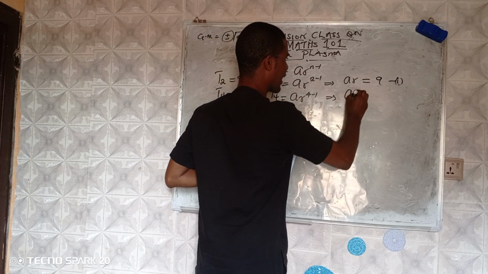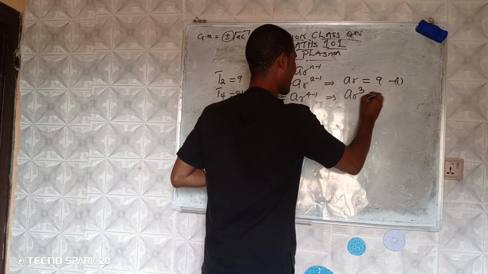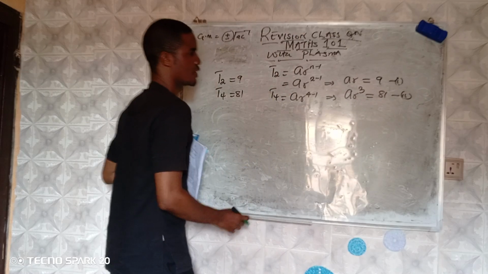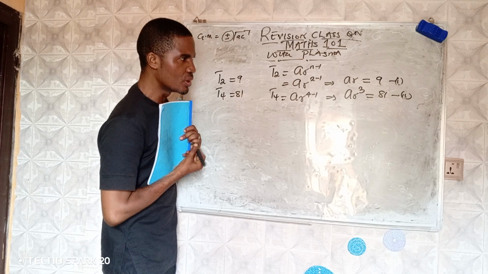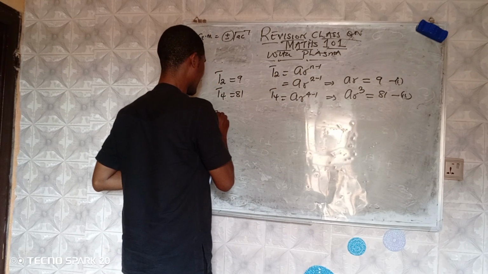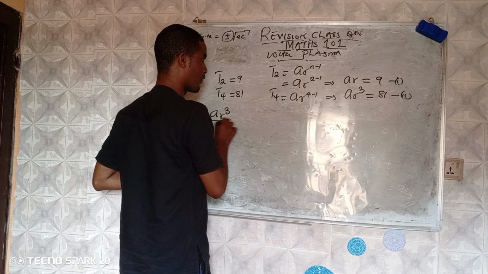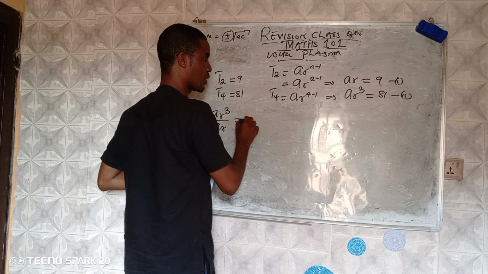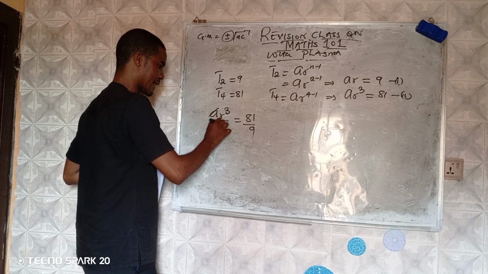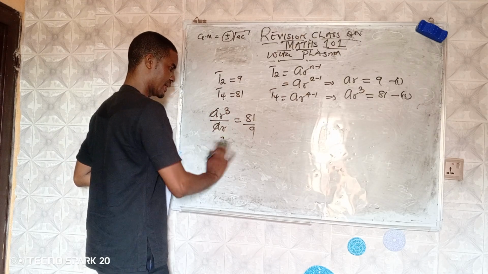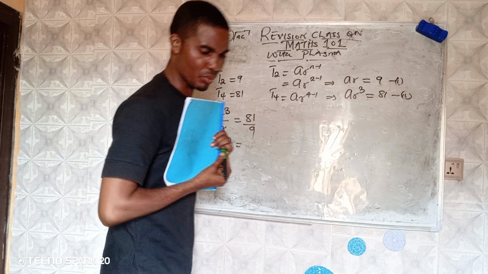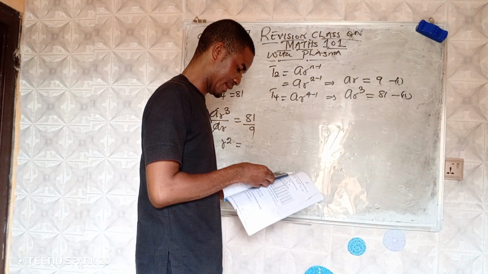This will produce ar^3 equals 81, equation 2. So I'm going to do equation 2 divided by equation 1, which will give me ar^3 over ar equals 81 over 9.